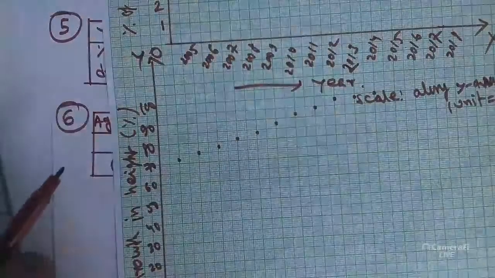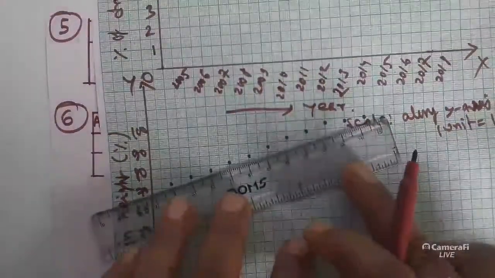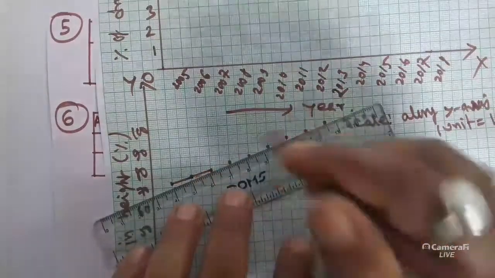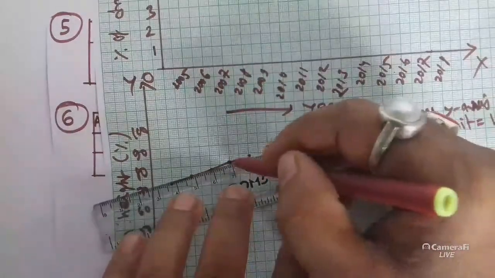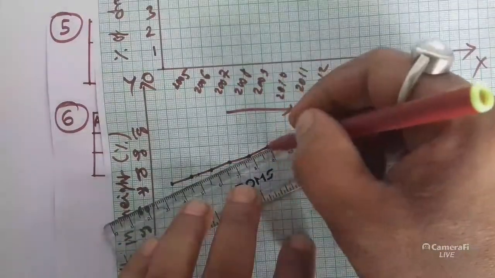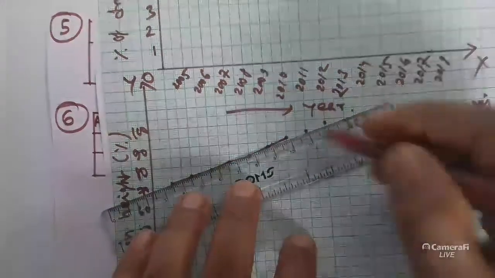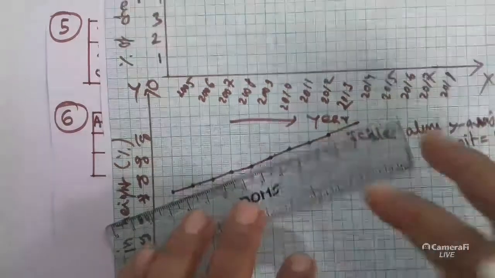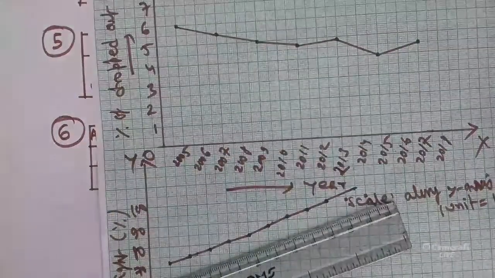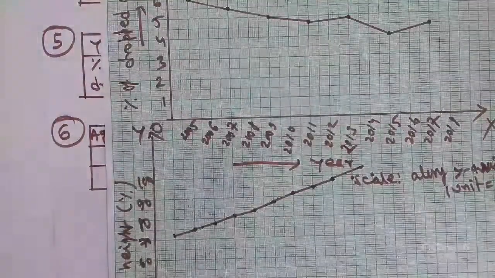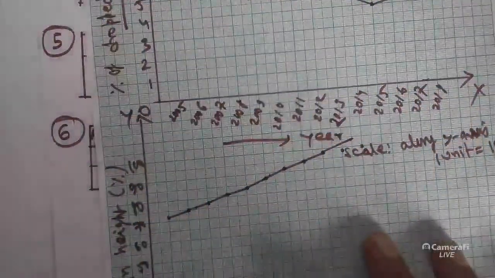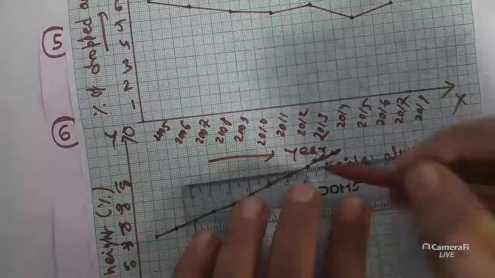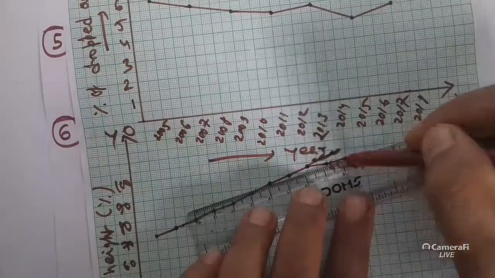Now we have to join these points. Okay. So this one for boys. Sorry, this one is 99 and 100.